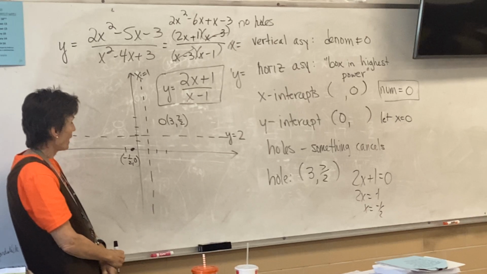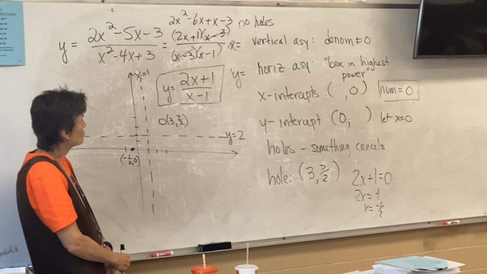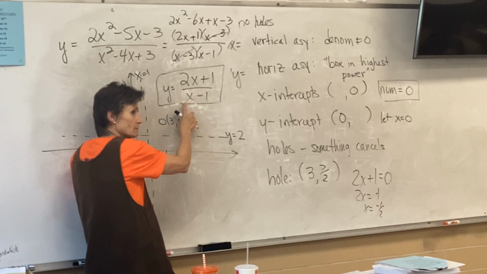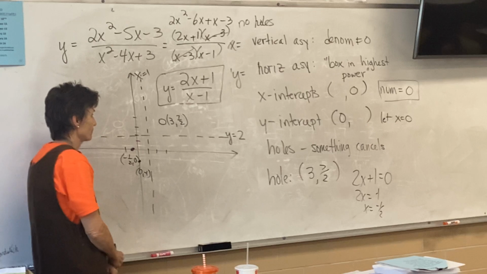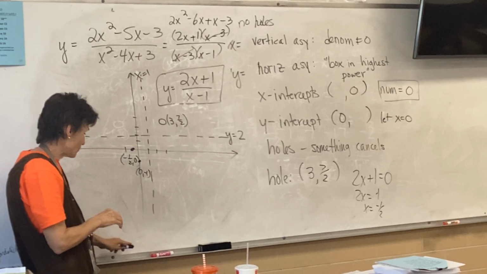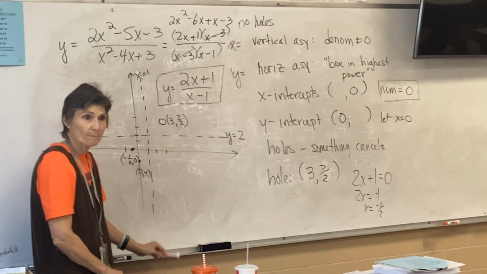And then where's my y-intercept? I'm gonna let x be 0. So it's just gonna be a negative 1. Based on that, you guys, you should be able to draw the picture.